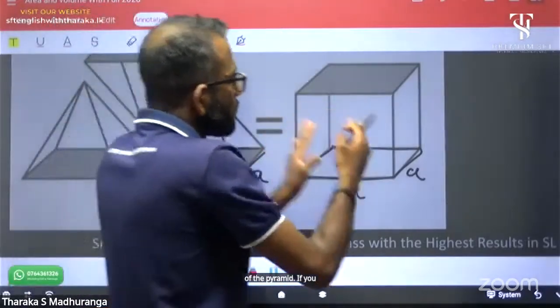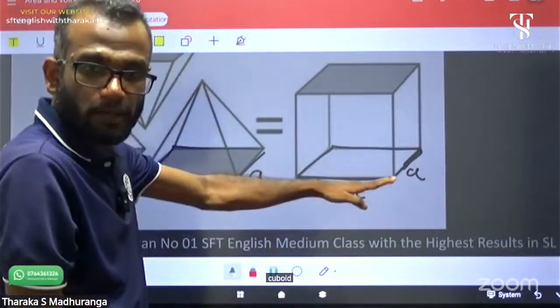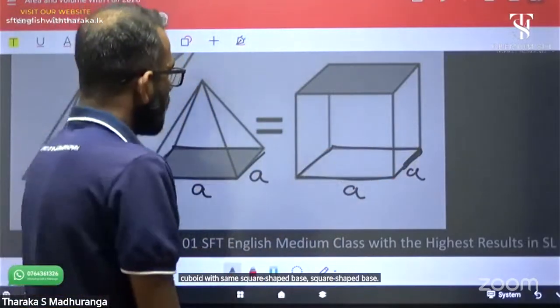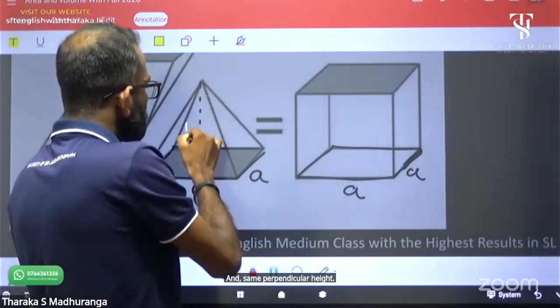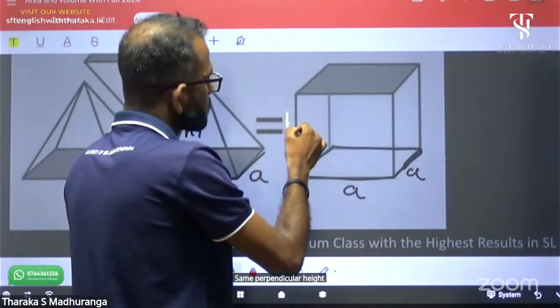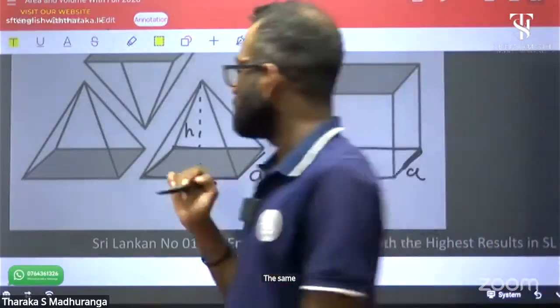If you have the same cuboid with the same square base and the same perpendicular height h, the same theory applies.